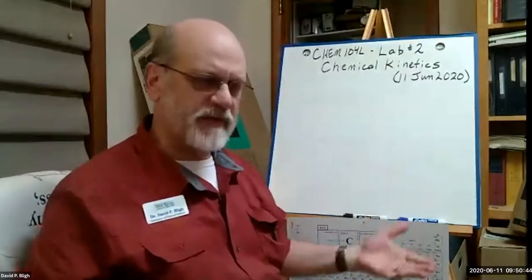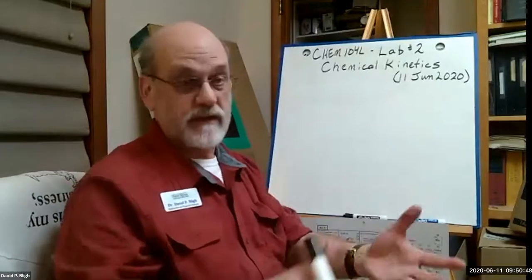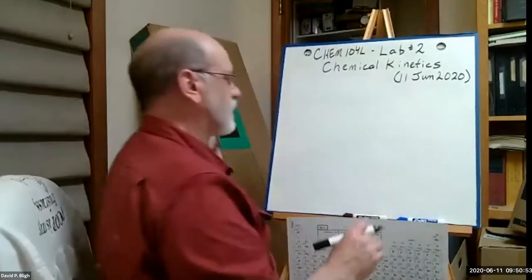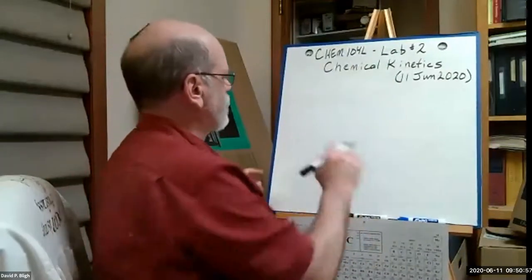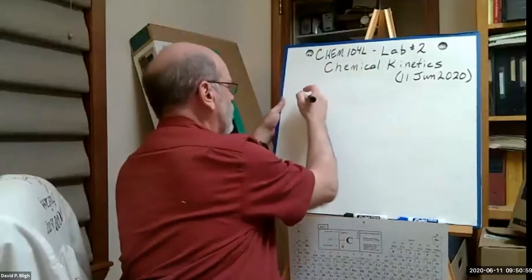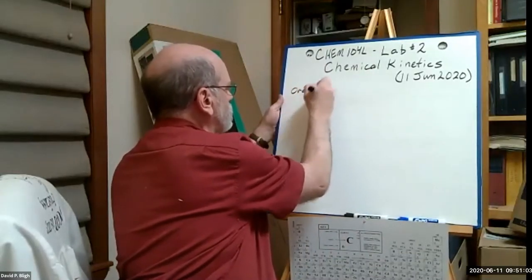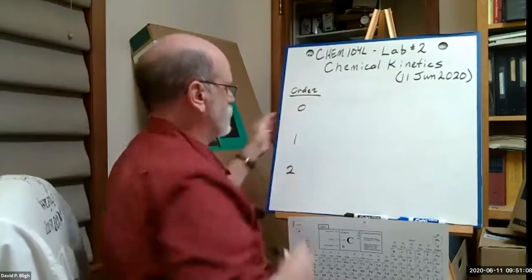I'm going to try to be specific with the data set that we're going to be using. So let's see. Let's say zero order. All right. So if we have the order in this column, we have 0, 1, 2.